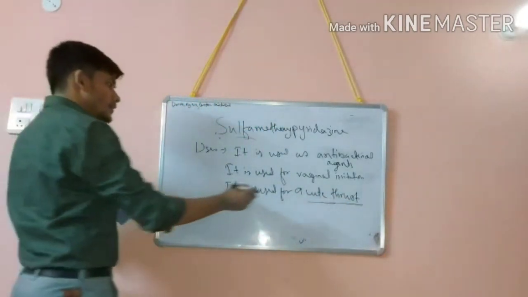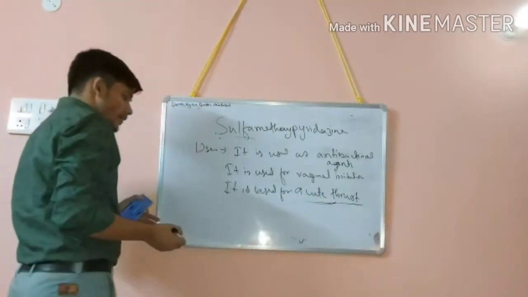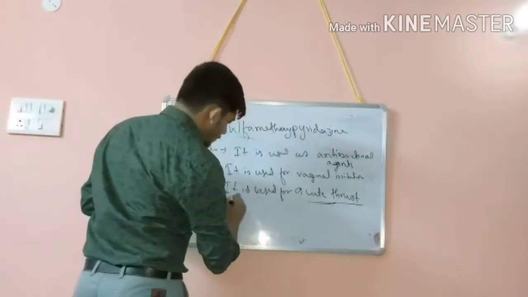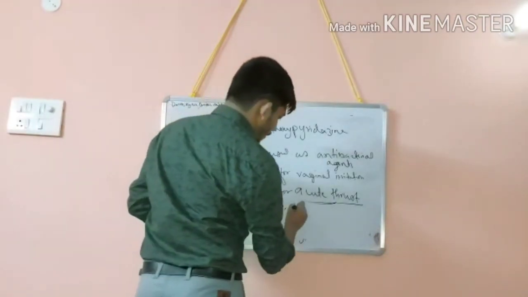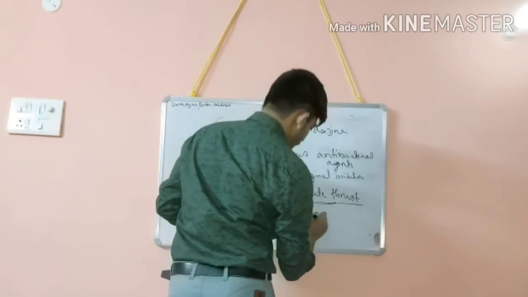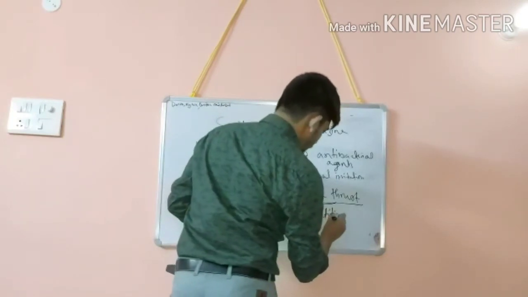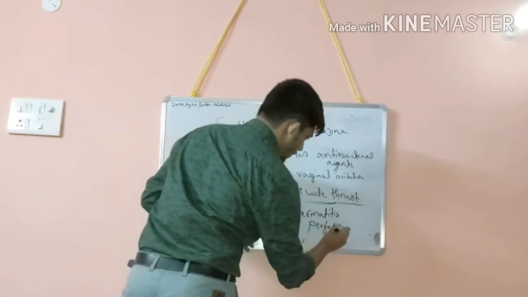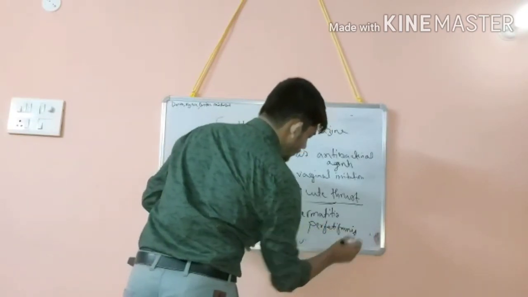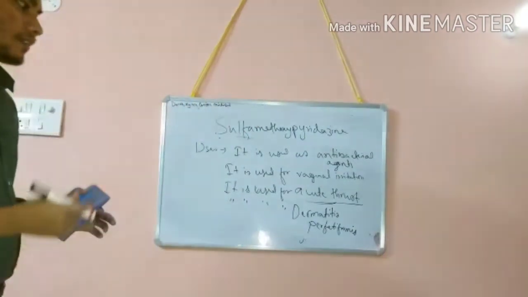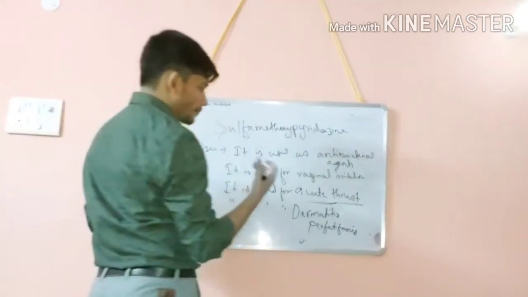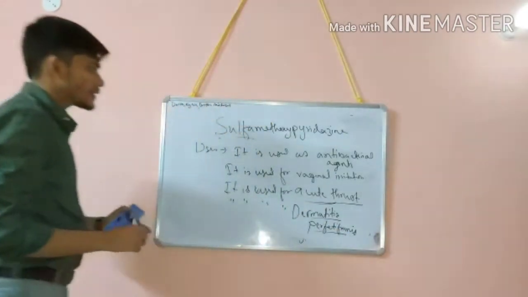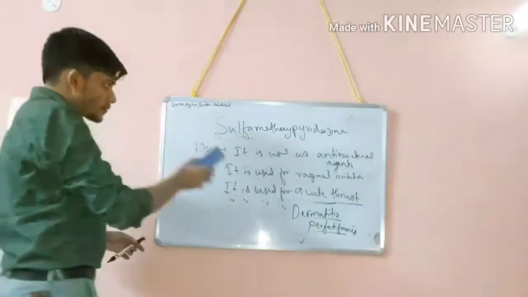Then it is also used for dermatitis perfectiformis. So it is another form of infection or acute type of irritation in the skin. So these are the main uses. Okay, so you have to remember.